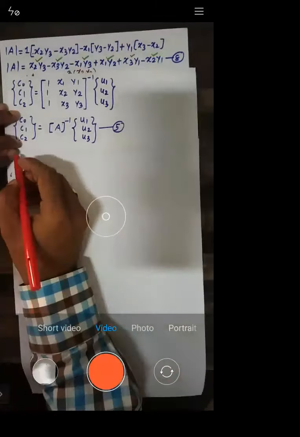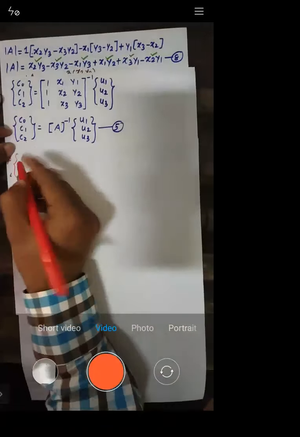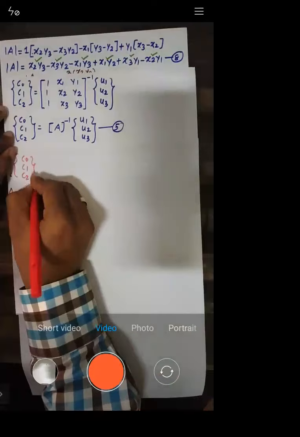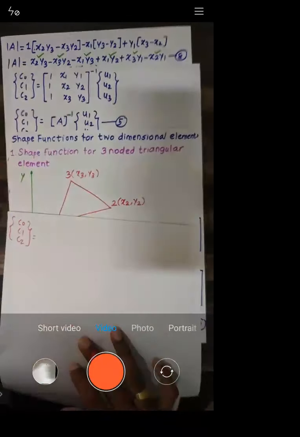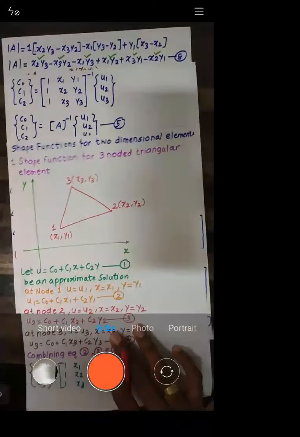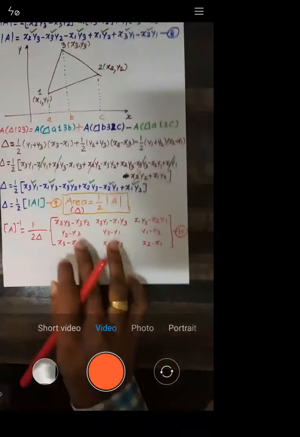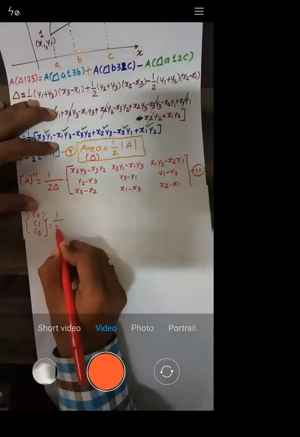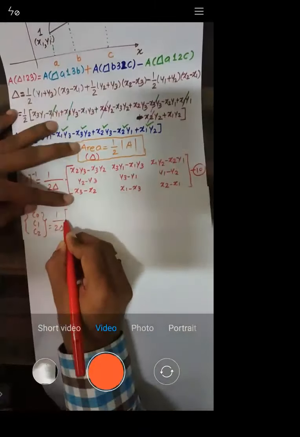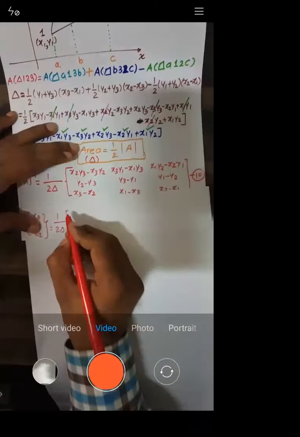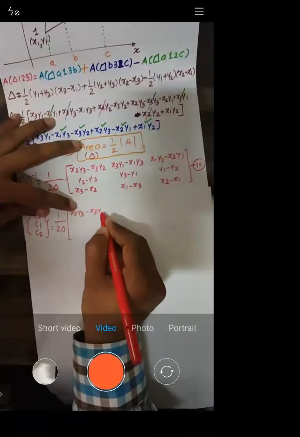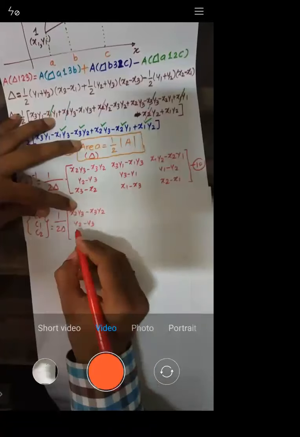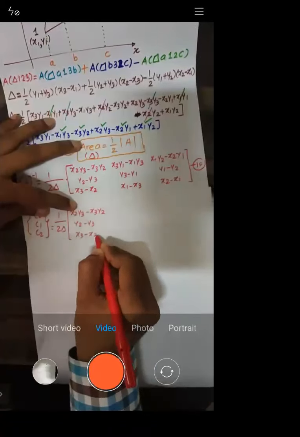C0, C1, C2 is given by A inverse. A inverse just now we have calculated. See, this is the value of A inverse: 1 by twice of delta into this matrix. I'll just copy that. X2 Y3 minus X3 Y2, Y2 minus Y3, X3 minus X2.